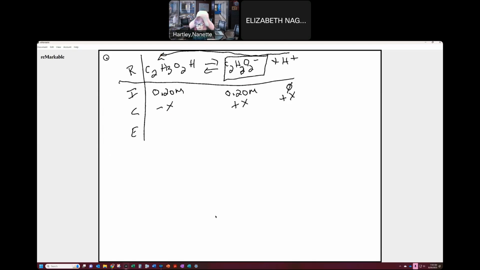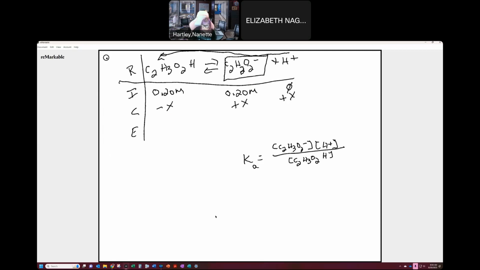Would the equilibrium for acetic acid still be the same molarity? Well, this is what I started with, so I've only done the ICE part. As far as the K goes, that's still going to be C2H3O2 minus, and of course it is a Ka since it is an acid, and H plus over C2H3O2H.